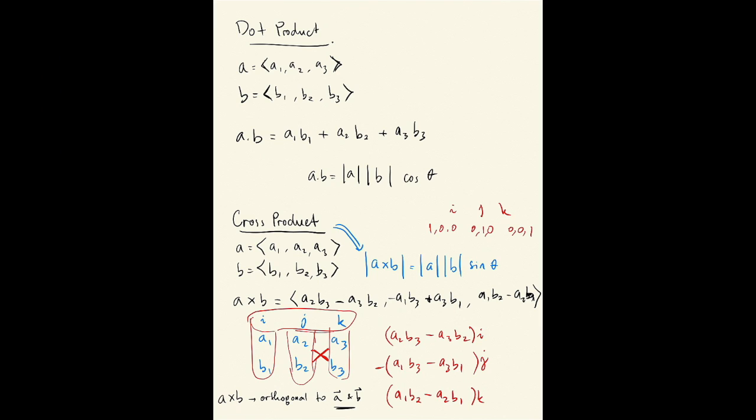Orthogonal to A and B? Using your right hand, okay? Cross product is your thumb, okay? This is your first term. For example, A is my index finger, and my middle finger is B, A cross B, right? Yeah. So A cross B.